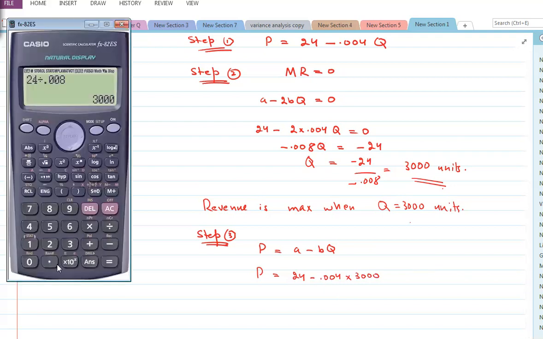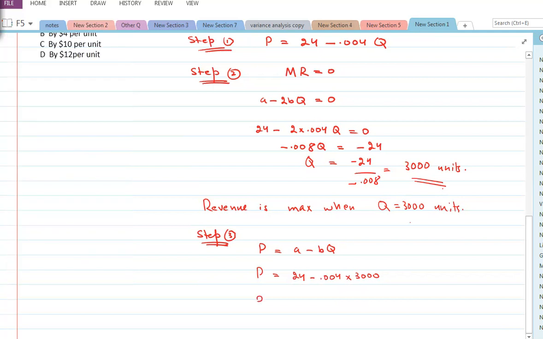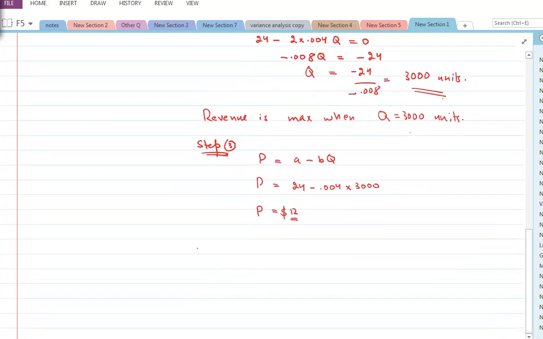So 3000 multiplied by 0.004 will be 12. 24 minus 12 will be 12. So the price should be 12. Revenue is maximum when price is equal to $12.